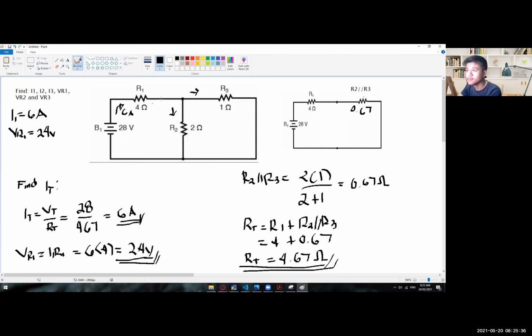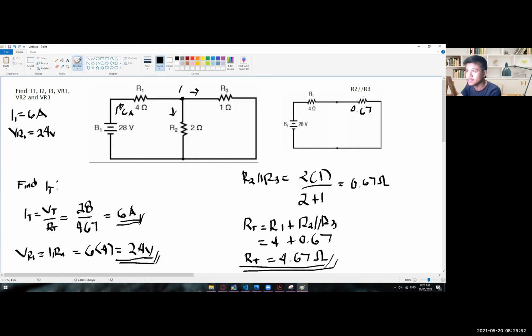Now, as you guys can see right here, at this point, we have a voltage drop of 24 volts. So 28 minus 24, you'll get a potential voltage of 4 volts.